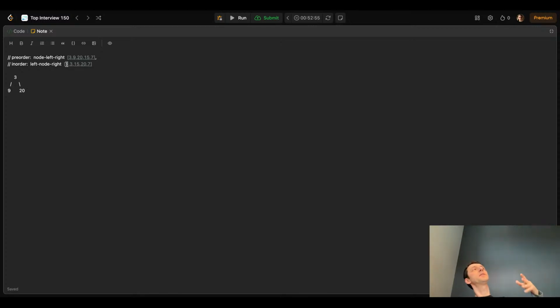Because 9 is the first in this entire array, we know that 9 is the leftmost. Then we have a 3. Because 9 begins the array, we know it is the leftmost, but because 9 is not the beginning of the preorder, we know it's not the root.